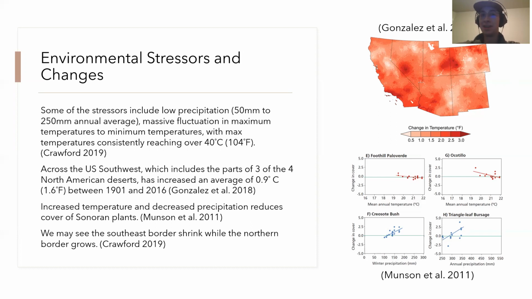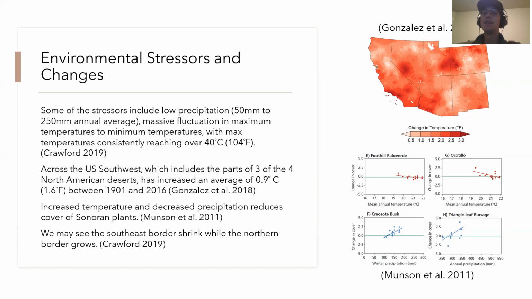And we talked about how the increased temperature and decreased precipitation reduces the cover of Sonoran plants. And we can really only expect that to continue as the region gets hotter.